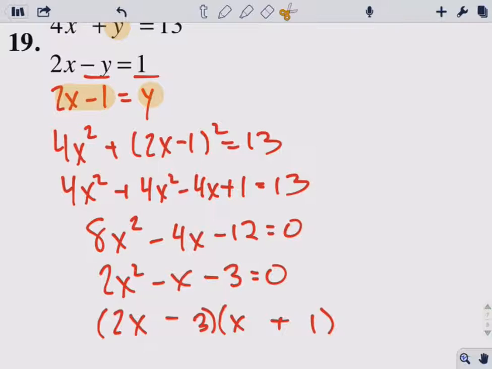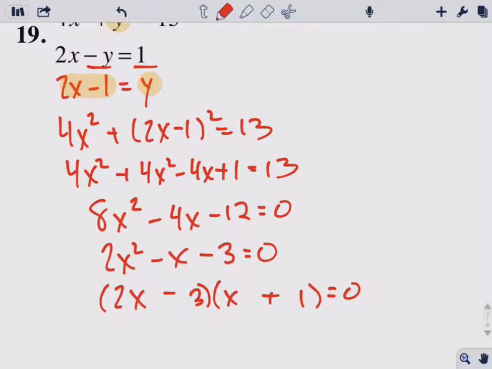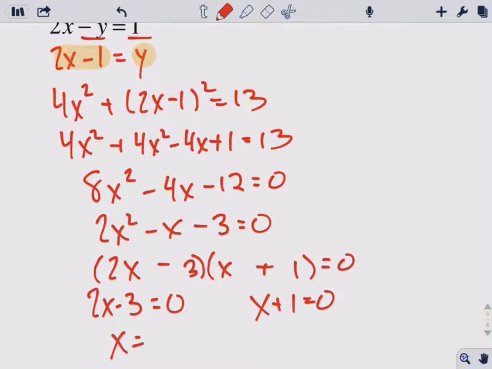This way my outside is positive 2x, my inside is negative 3x, which adds together to negative x. So 2x minus 3 is equal to 0, x plus 1 is equal to 0, and so I get x is equal to 3 halves, x is equal to negative 1.